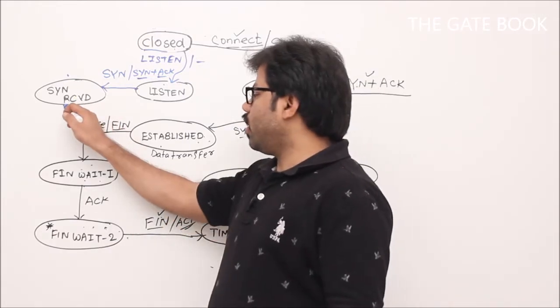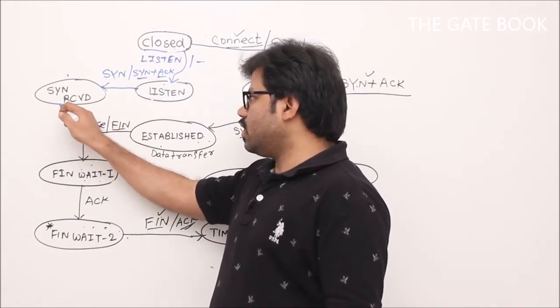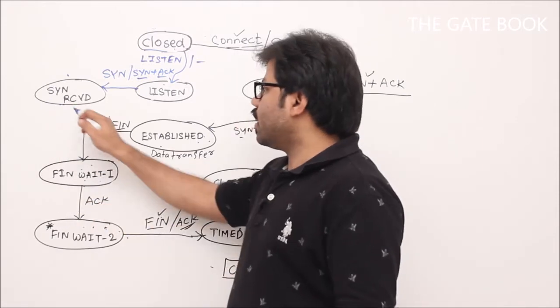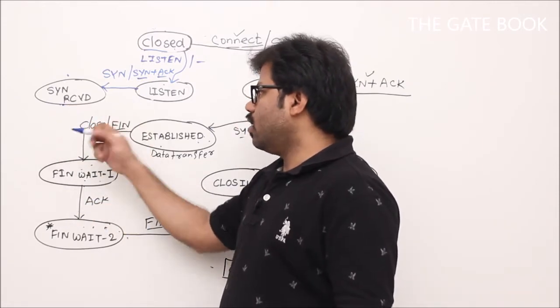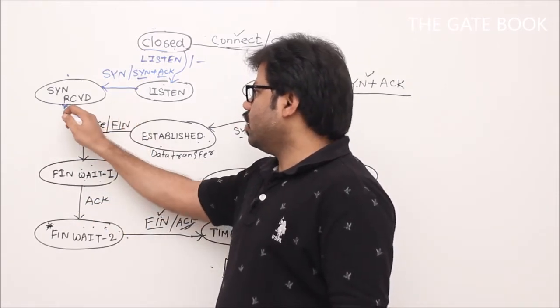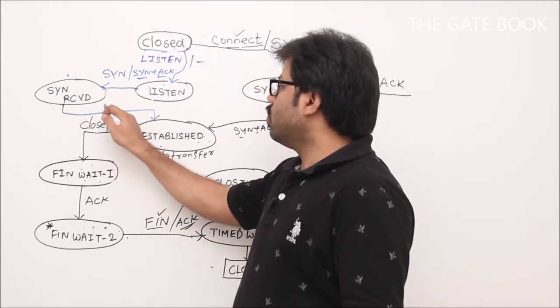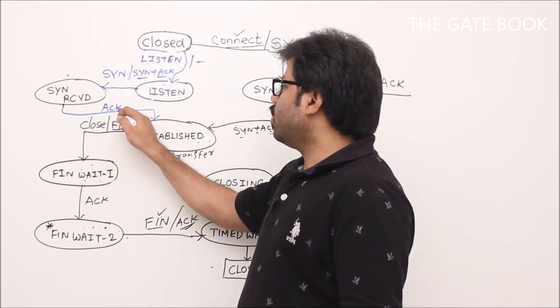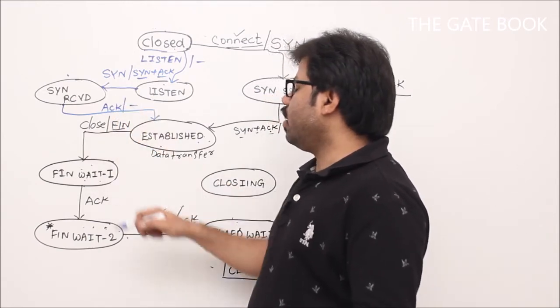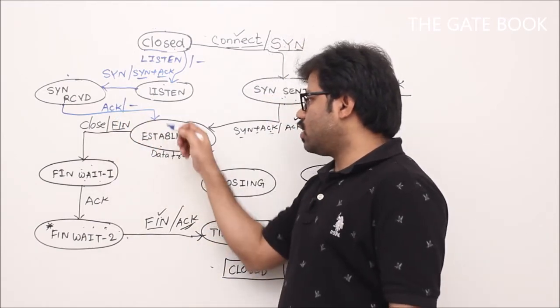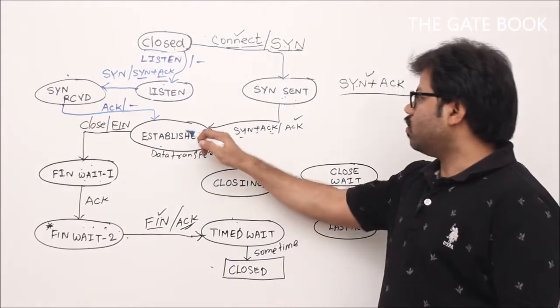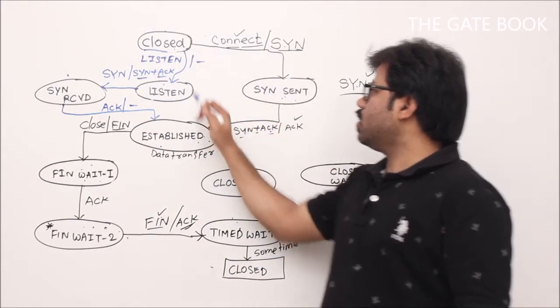That's why when the server is in SYN_RECEIVED state, it is expecting an ACK packet from the other end of the connection. Eventually it will get it, right? For the input ACK, it won't do anything, no action, but it will go to another state called ESTABLISHED. Now see, this is the client path, this is the server path.